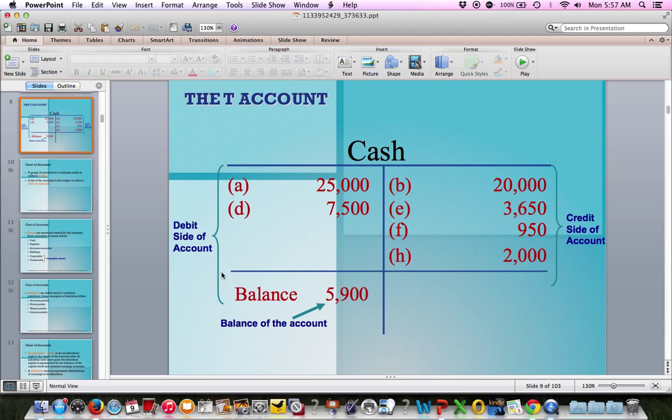So whenever you see a horizontal line like this down here, that basically means we're going to stop and subtotal the account, and then we total it up, and then we don't add each side down. Instead, we just figure out which side has the most, the highest value, and that's the side that we only put a number in. So an account total only has an amount on either the debit or the credit side, but not both. That's a key mistake I see people make when they first start the class.